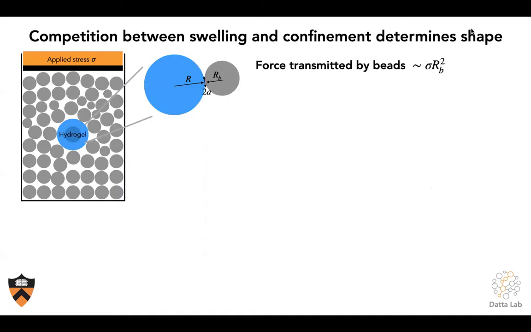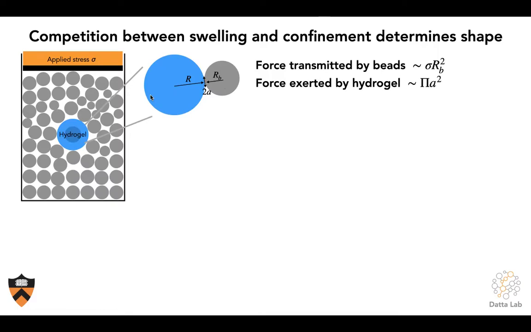And so there are several different competing forces here. There's the load on this matrix, which is transmitted through these beads as the beads contact each other. And the force transmitted by these beads is given by the stress on this matrix times the area of a bead. So that's the force that the beads push on the hydrogel with.